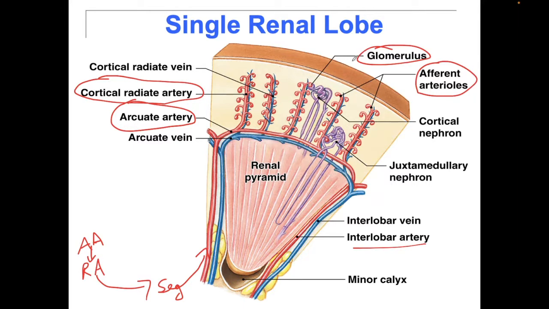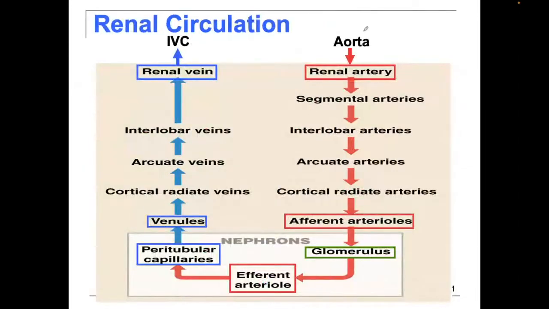leading away from it. This in purple is representing a nephron, and I'll go through the different parts of a nephron. So again, from the abdominal aorta, into the renal artery, into the segmental, into the interlobar, into the arcuate arteries, into the cortical radiate.